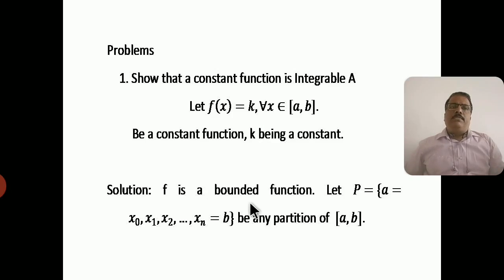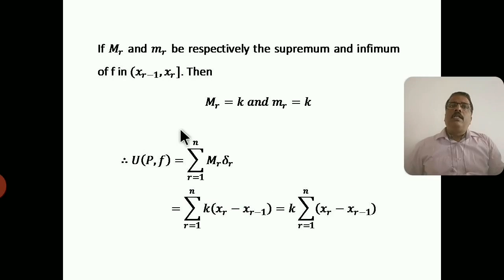Now as f is a bounded function, let the partition P, a equal to x0, x1, x2, up to xn equal to b, be any partition of [a, b]. Now let capital Mr and small mr be the supremum and infimum of f in the interval [x(r-1), xr].